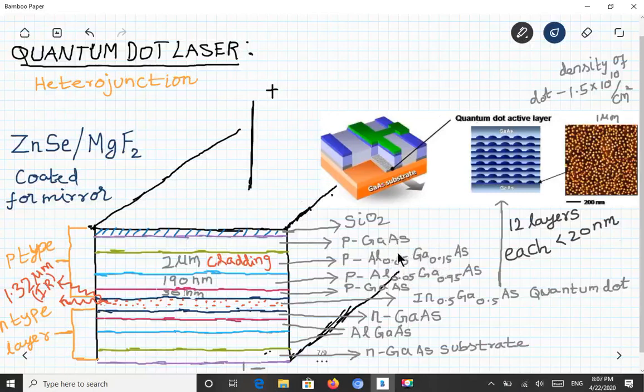Aluminum and gallium together form a single compound in which the ratio is 0.85 to 0.15. If you add 0.85 and 0.15, you will get 1. So it is a single compound, a mixture of aluminum and gallium of this ratio, and arsenide, which is 1. It doesn't mean that only 0.85 atom is there or 0.15 atom is there.